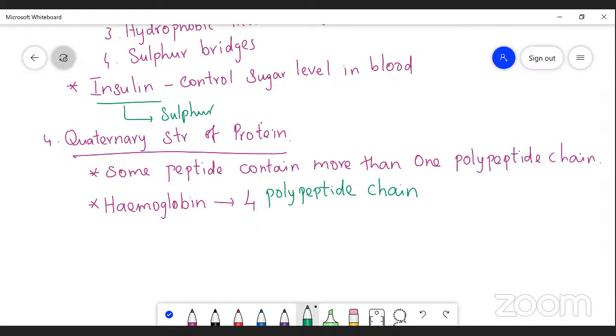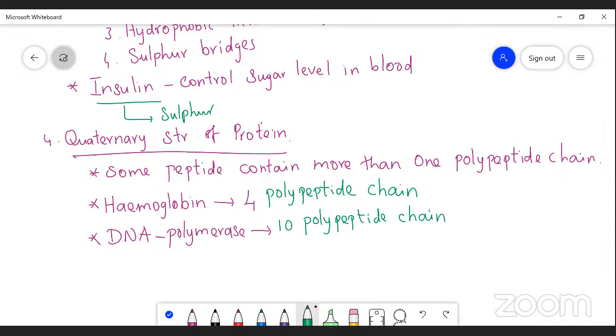And also, if you are taking DNA polymerase, the DNA polymerase contains 10 polypeptide chains, and the folding of these 10 polypeptide chains is represented by the quaternary structure.